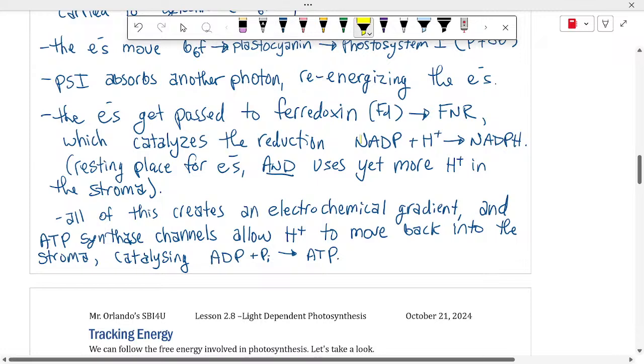And these are both our anabolic reactions that store energy. All right?